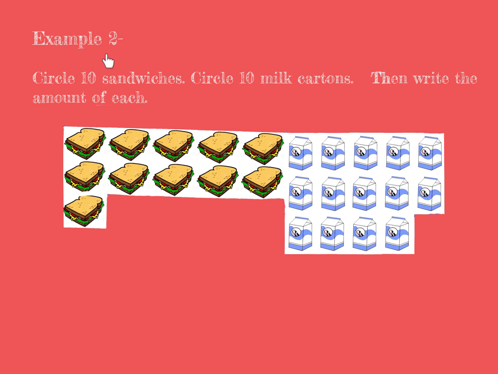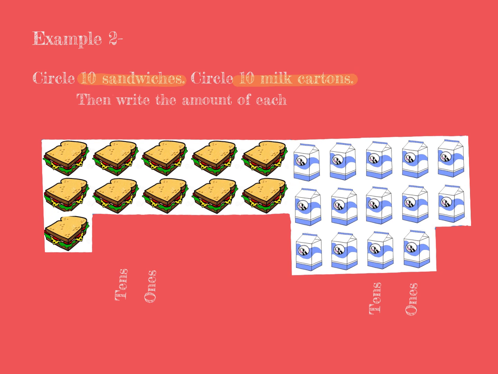Now for example 2. Circle 10 sandwiches, circle 10 milk cartons, and then write the amount of each. First, we will count out 10 sandwiches and group them together. So 1, 2, 3, 4, 5, 6, 7, 8, 9, 10.